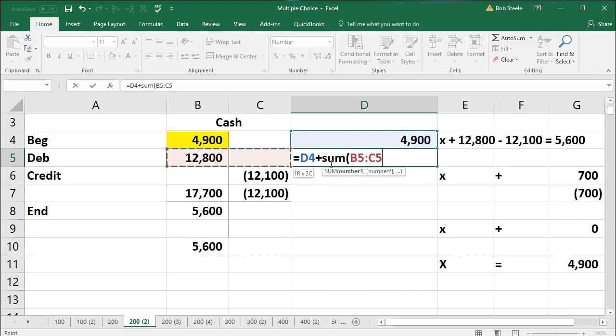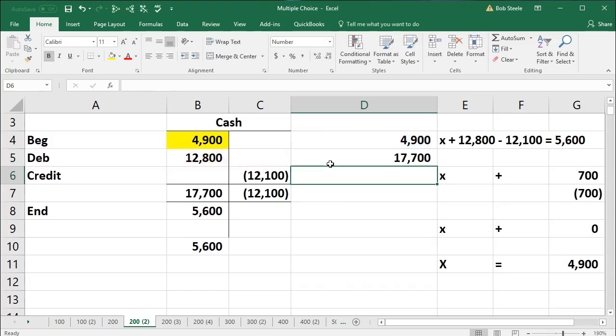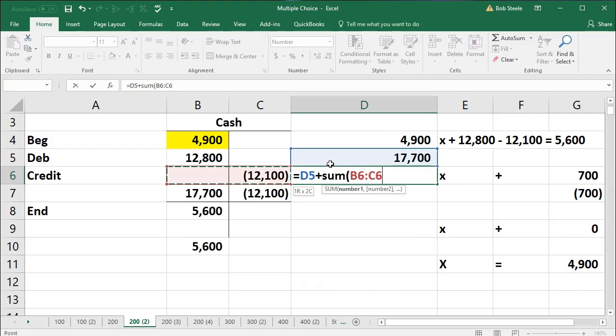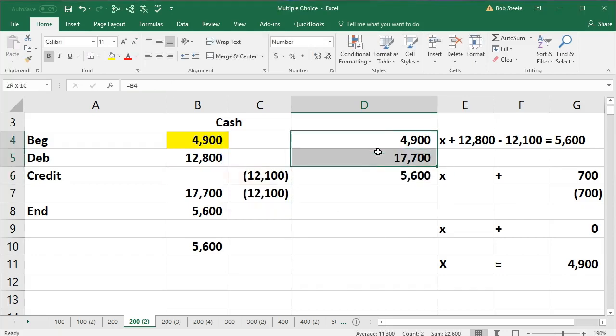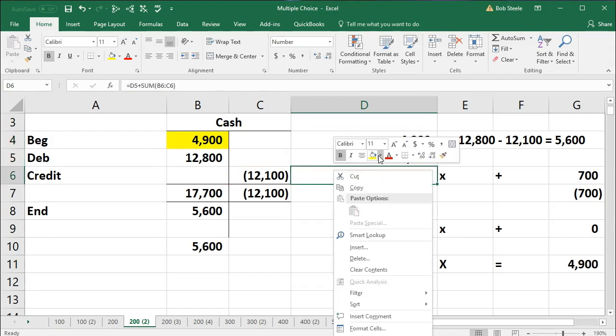Because I put the credits in there as a negative, it'll subtract out the credits. We would have the same thing here. This would be this plus the sum of this and this. When I sum them up, it's going to subtract out this negative number. I have the credits in there as a negative, and so that's going to bring it down. So here's our running balance, and of course we get to the same ending number.